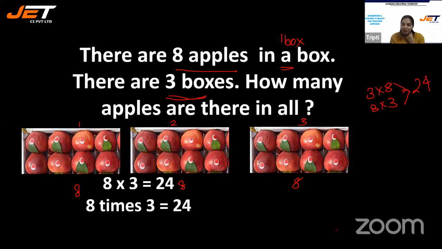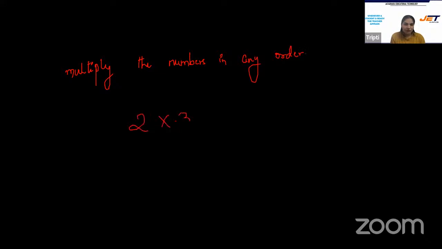You know what? In multiplication, this is the commutative property of multiplication, which says that if you multiply the numbers in any order, you get the same answer. Let's say it's 2 times 3.